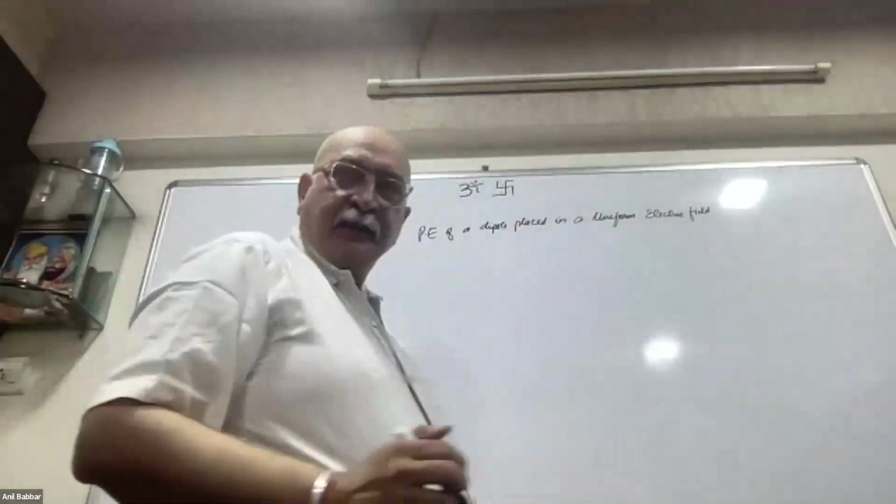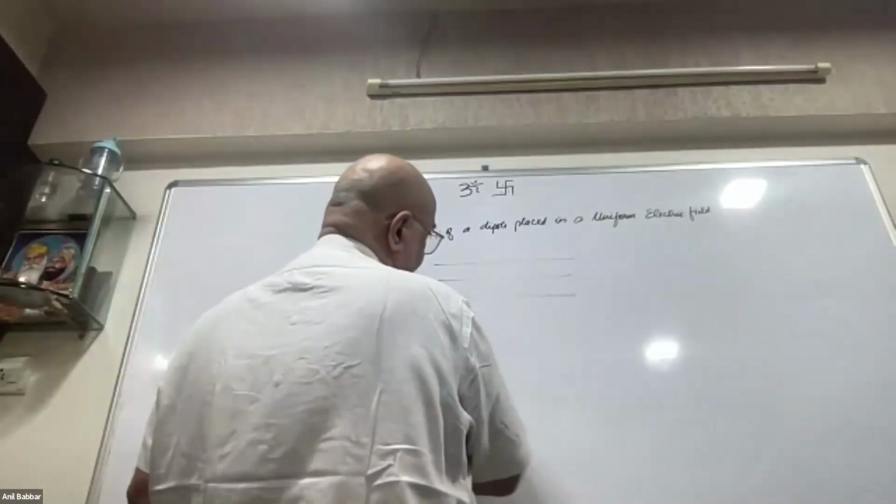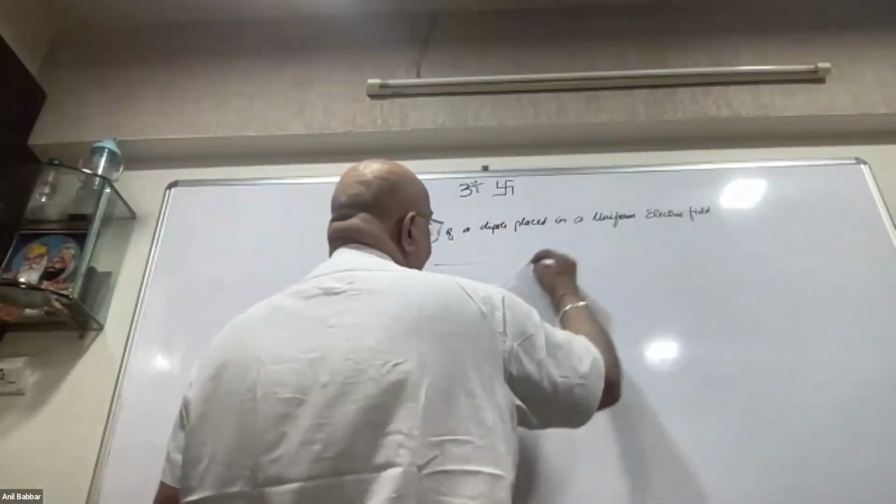Let's draw parallel lines of the electric field, which indicates that the electric field is uniform everywhere, and here is the dipole.